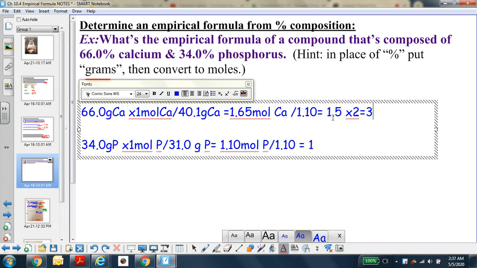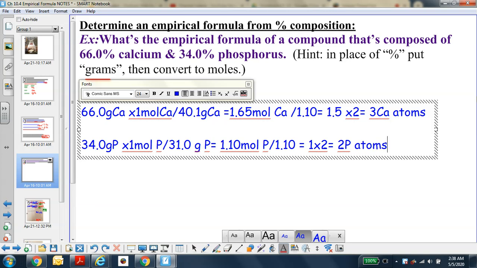This tells me I'm going to have 3 calcium atoms. I also have to multiply a 1 by a 2. I need to double it as well, just like I did in the top example. 1 times 2 is 2. That tells me I've got 2 phosphorus atoms.